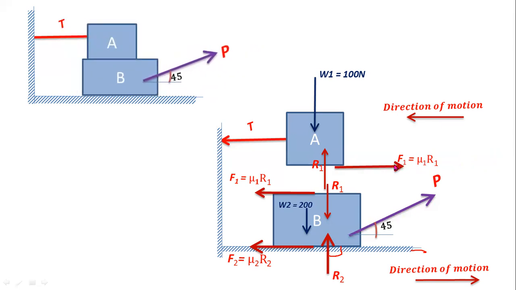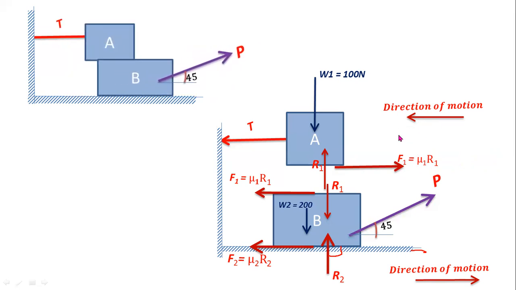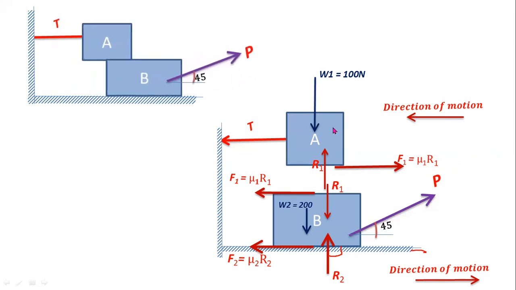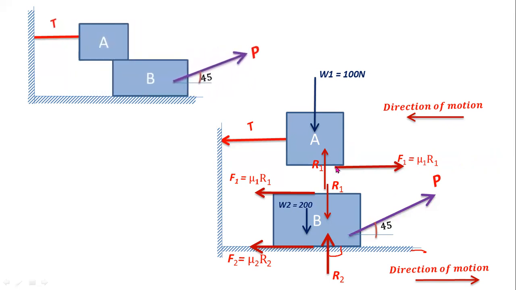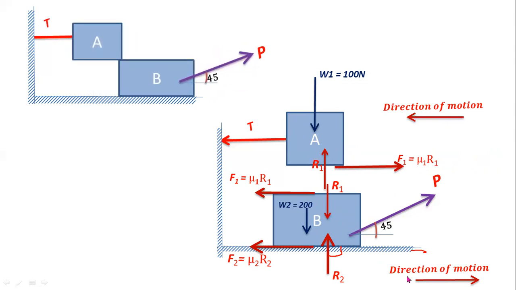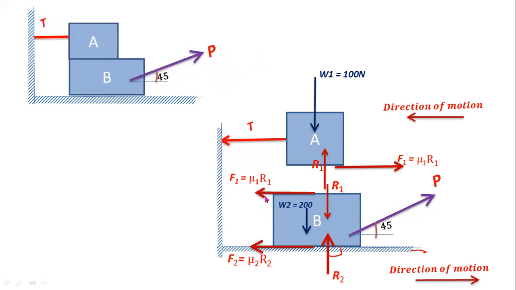Always you have to consider friction force opposite to the direction of motion of the block. So here the direction of this block is left side, so you have to consider right side frictional force. In a similar way, for this block B, the direction of motion of block B is right side, so you have to consider left side frictional forces here. So this is the free body diagram for this problem.